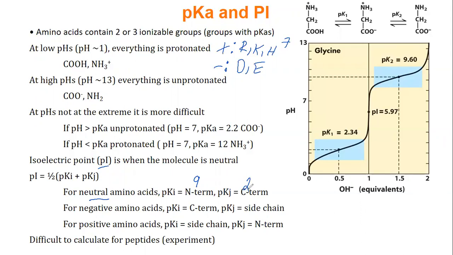So you do 9 plus 2 multiplied by 1/2 to get the pI of neutral amino acids, or at what pH that amino acid is going to be neutral. I'm using 9 and 2 here. Every amino acid has a different pKi and pKj. For the N and C terminus, we just have to remember 9 and 2. So positive amino acids are RKH, negative amino acids are DE.